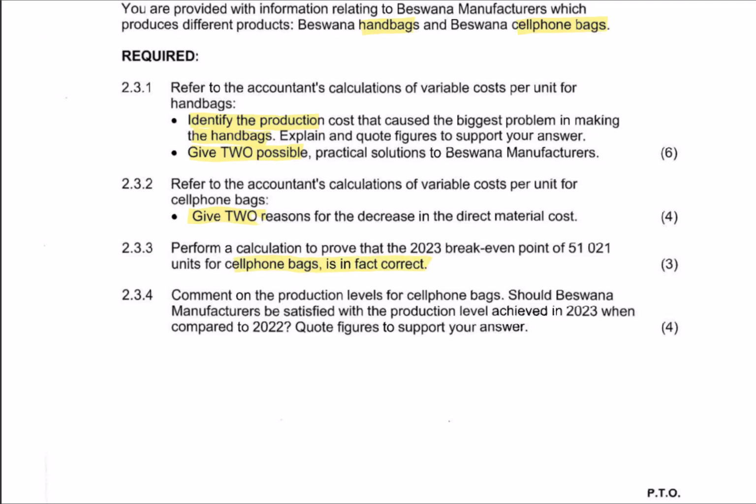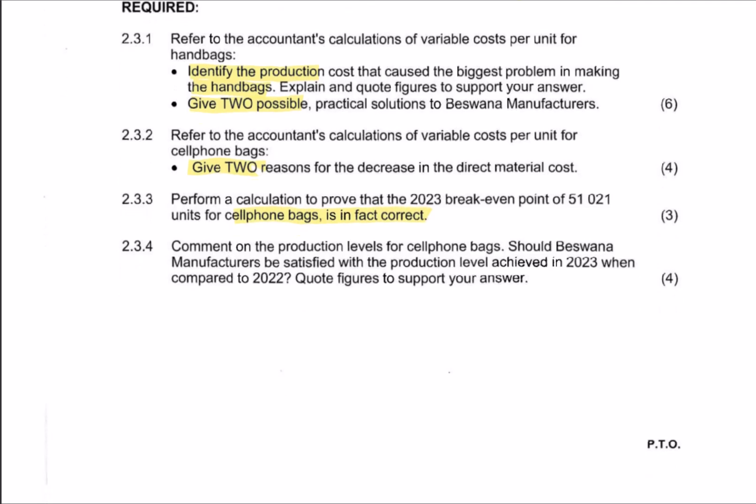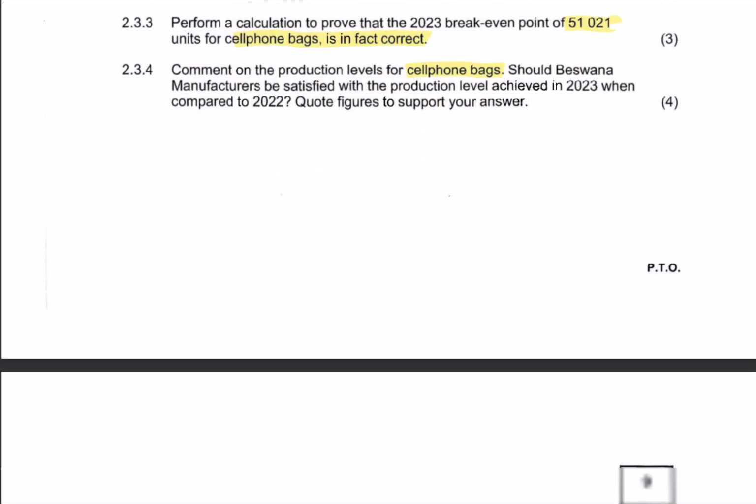Right, so that's break-even analysis, right, which is total fixed cost divided by contribution. You get it by selling price per unit minus variable cost per unit. Comment on the production levels for cell phone bags. Right, so we are going to comment using this. Should Botswana manufacturer be satisfied with the production levels achieved in 2023 when compared to 2022? Quote figures to support your answer. Right, let's look at the information.